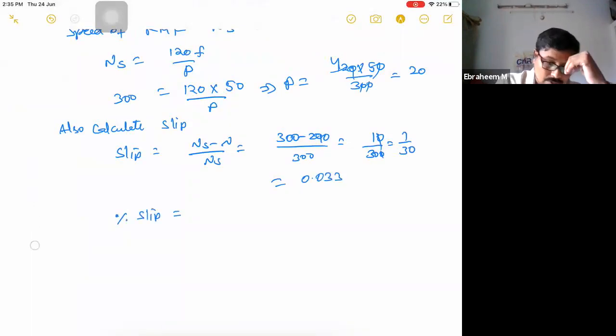Percentage slip is equal to how much? 3.3%. Is it clear?